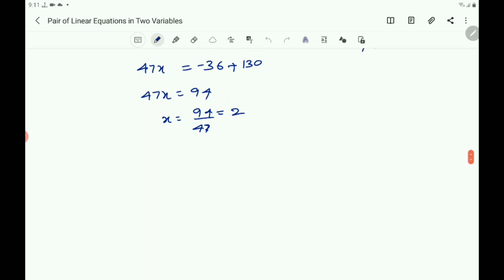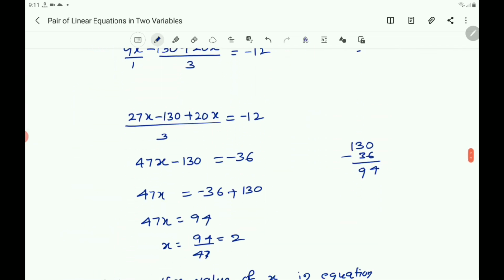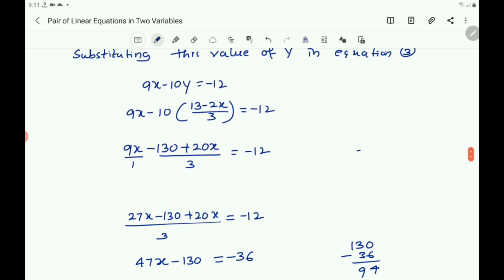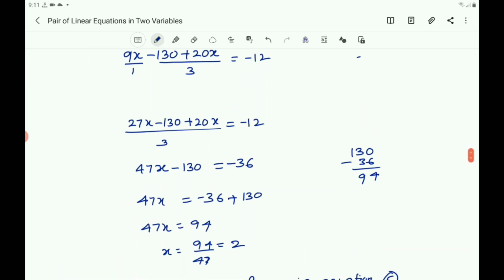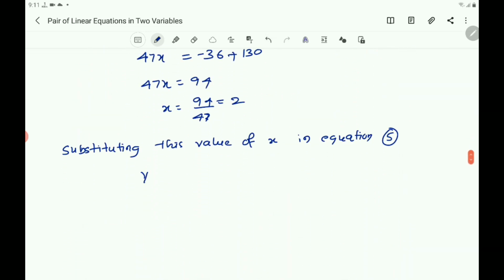Then by substituting this value of x in the fifth equation, write that equation. y equals 13 minus 2x by 3.